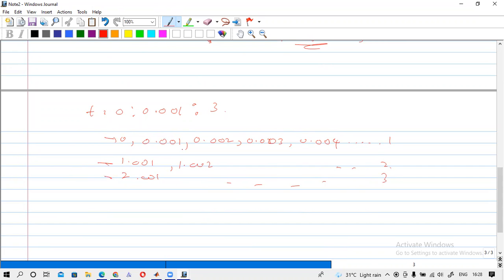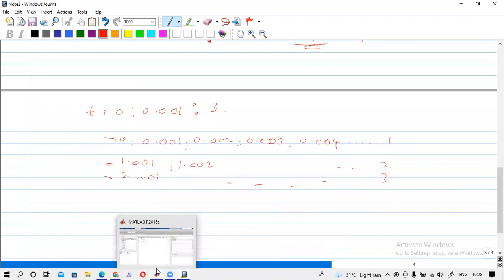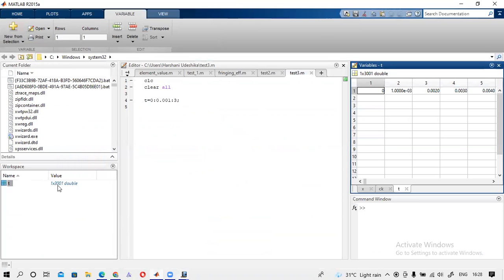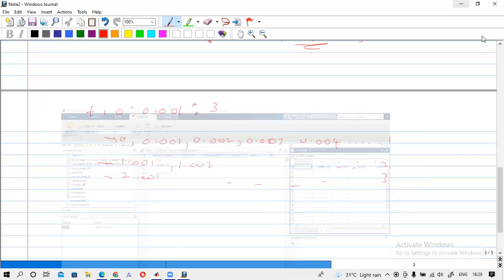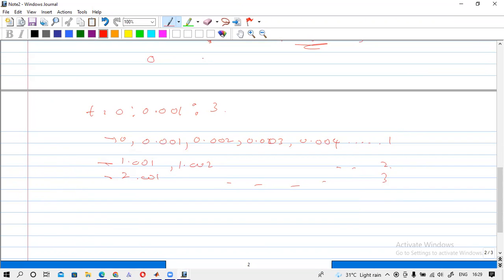If I count that, I will get 3001 elements, values. You can see if these were continuous, between 0 and 1 all the values should be here.